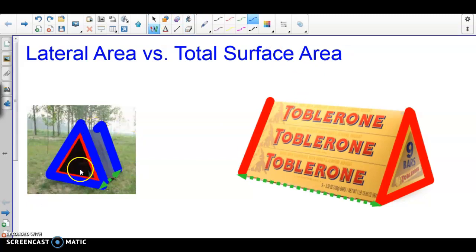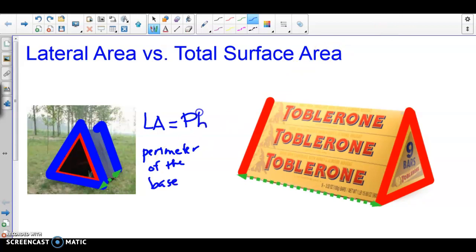So now we're going to write down the formula for the lateral area and the surface area. Just like what I mentioned earlier, I'm going to call lateral area LA. So LA is equal to capital P for perimeter of the base, and then H is the height of your prism.